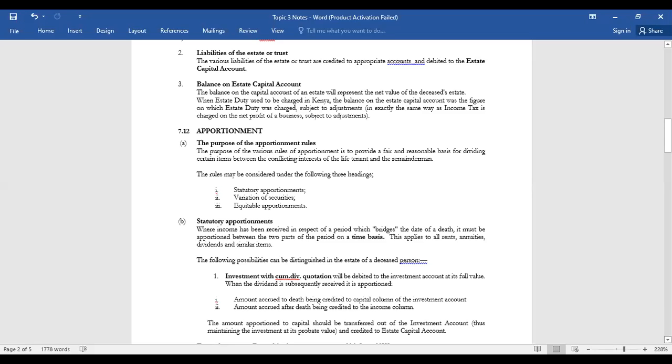Now we have the following possibilities in the estate of a deceased person. One, investment with CUM-DIV quotation. And this is a short term for cumulative. When we talk of CUM-DIV, we are talking of the cumulative dividends. So when a stock is CUM dividend, it means that it has dividends.